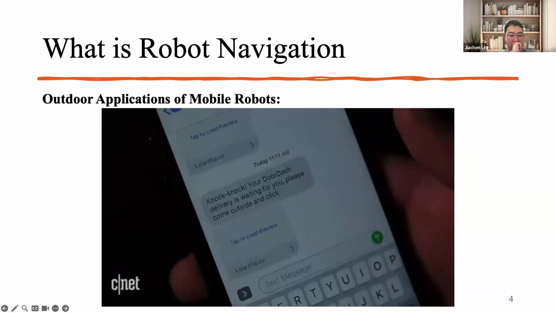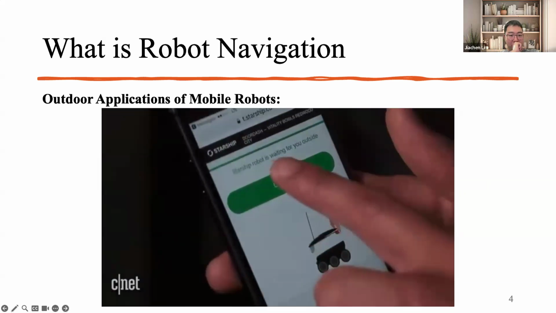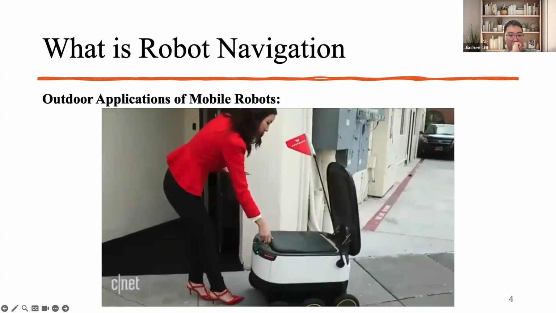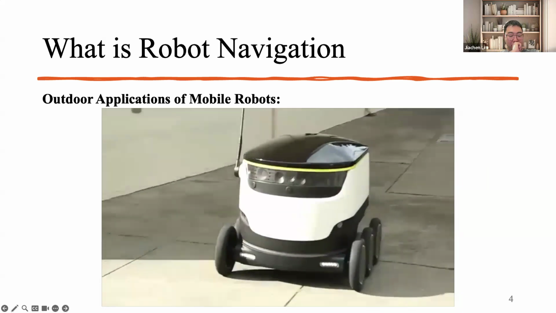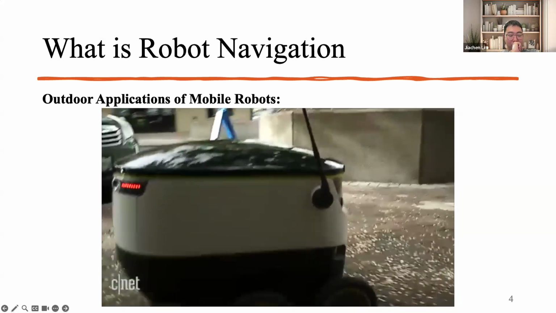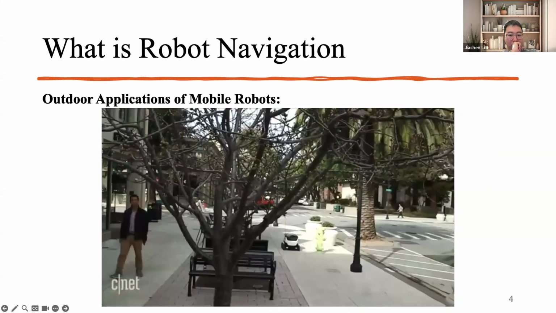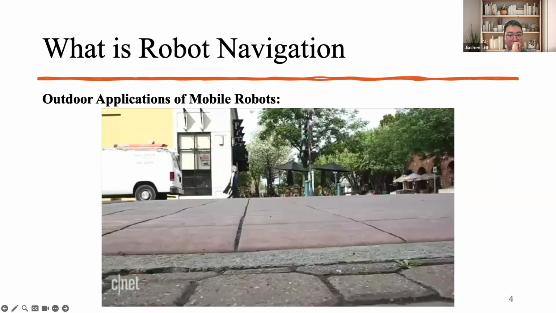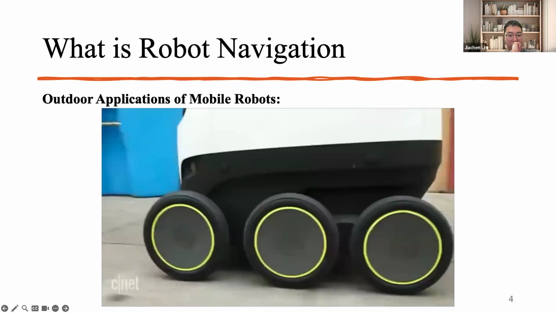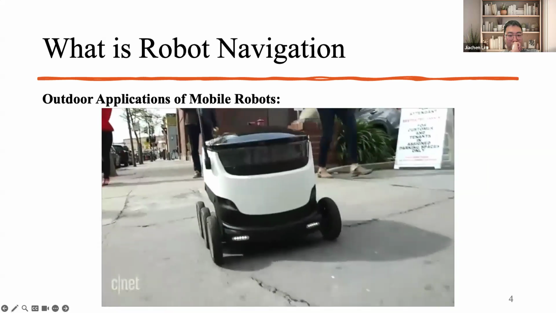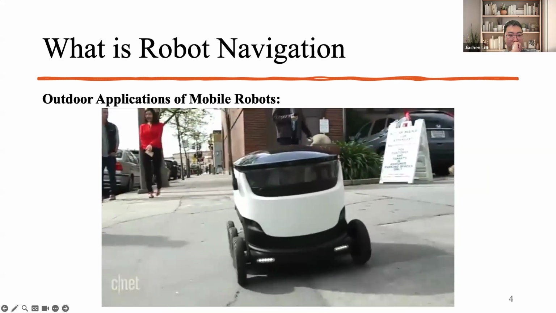At the other end, you get a text message with a link saying your order's being delivered, and when the robot arrives, you unlock the hatch with a button on screen. Each Starship bot has 9 cameras and ultrasonic sensors for obstacle detection. They can travel as fast as 10 miles an hour, but are limited to 4 miles an hour for now. There's even a special mode that lets the robot cross the road safely. Human handlers will keep an eye on the bots during deliveries in this pilot phase, but the idea is they'll be almost fully autonomous in the future.